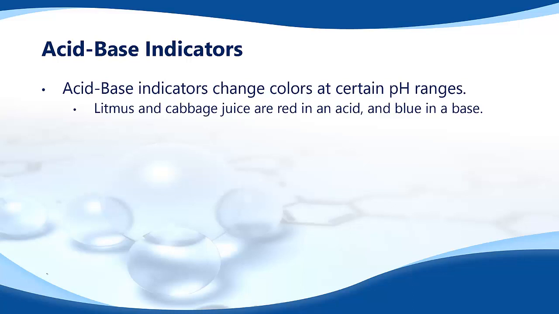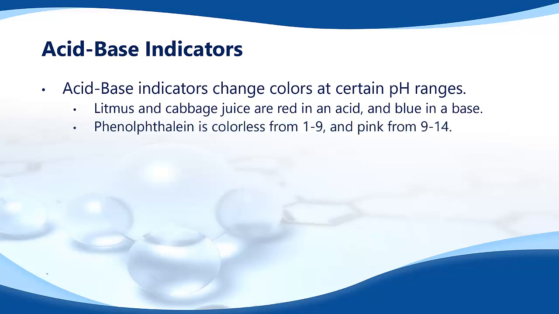In the lab, our most common indicator is something called phenolphthalein. We also just call it pheno, P-H-E-N-O, as an abbreviation because we're lazy. We don't want to write out the whole word. Up until you hit a pH of about 9, phenolphthalein is completely and perfectly clear. Once you hit 9, it turns pink.